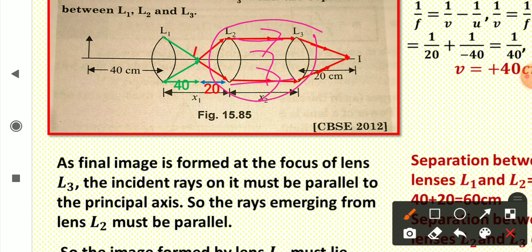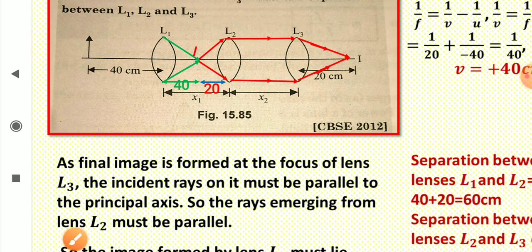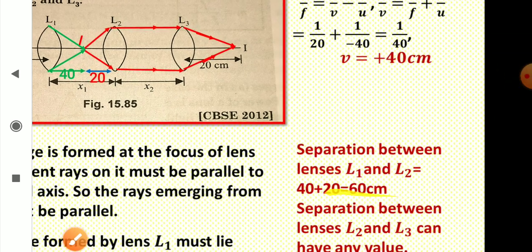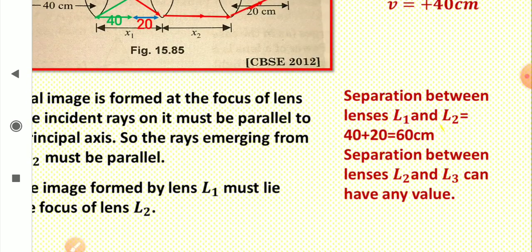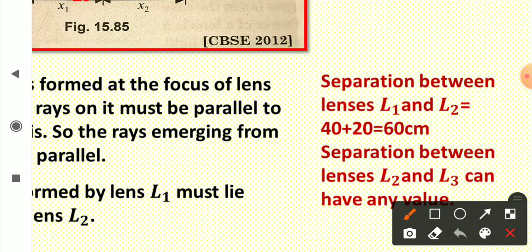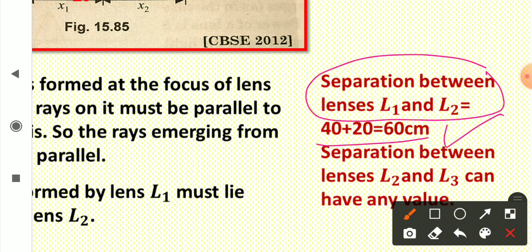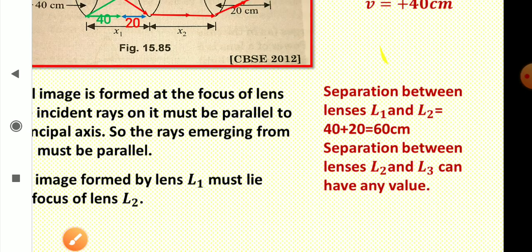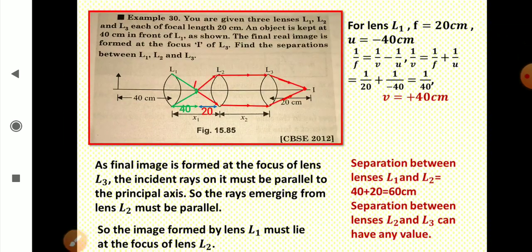It can have any value, so we cannot tell the exact value of x2. So the separation between lenses L1 and L2 is 60 centimeter, and the separation between L2 and L3 can have any value because the rays are parallel.